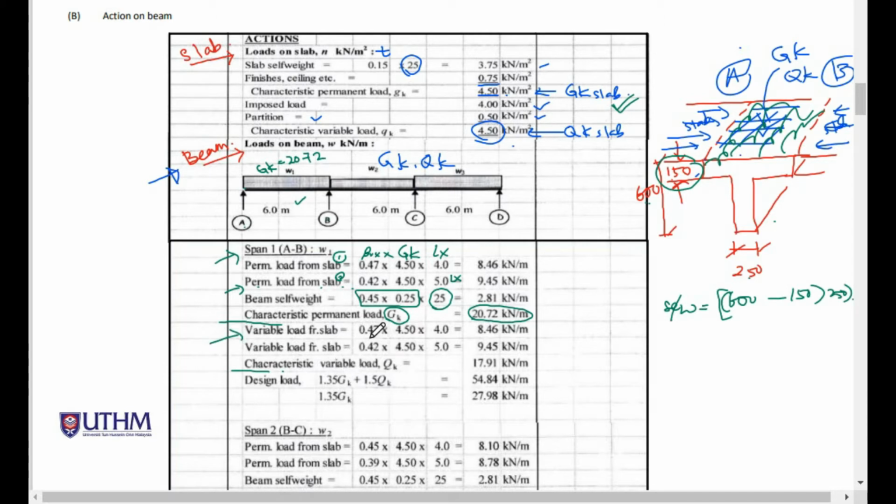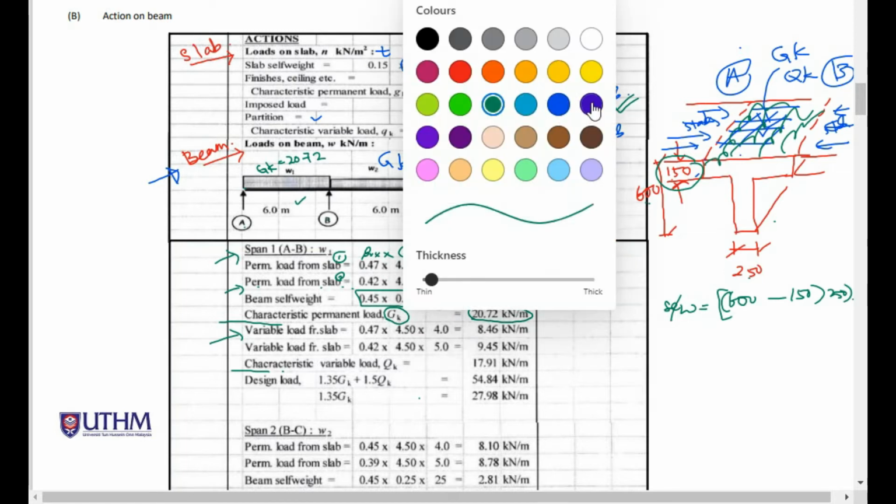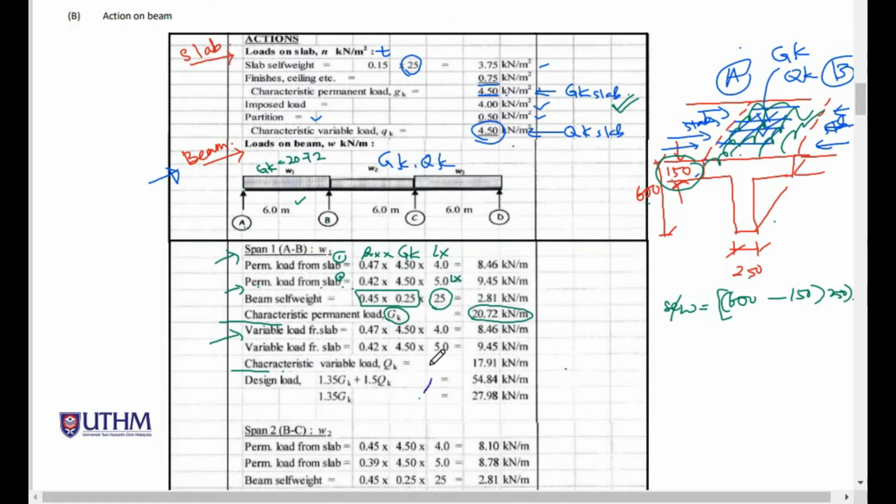Next is the variable load from slab, the QK. The QK is beta Vx multiplied with QK, and the value for QK is 4.5 multiplied with Lx. This is from the second floor, multiplied with 0.42, 4.5 and 5 Lx.